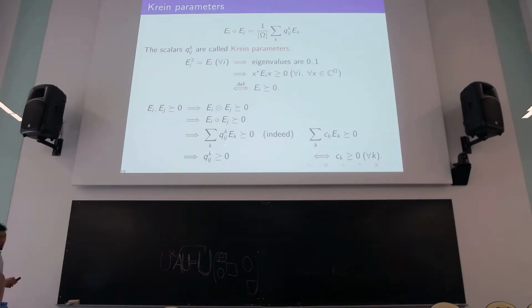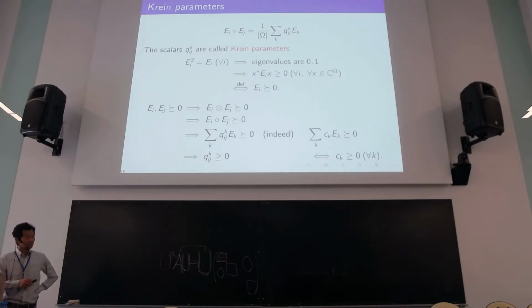But in fact, we know all positive semi-definite matrices in the adjacency algebra. Suppose you have a Hermitian matrix in the adjacency algebra and express it as a linear combination of primitive idempotents. Then you ask yourself, when is it Hermitian and positive semi-definite?